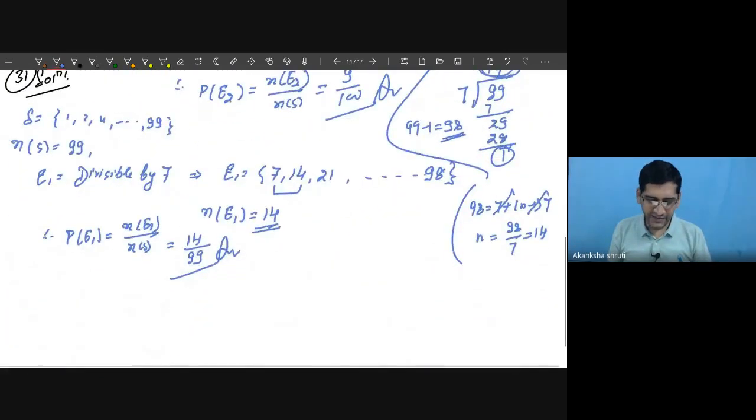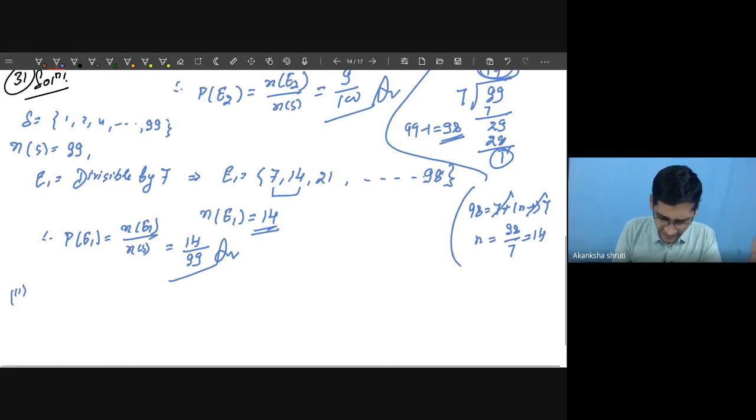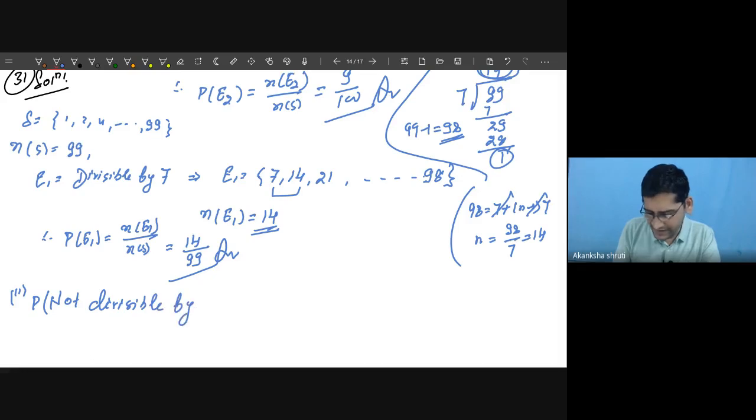Divisible by 7 and not divisible by 7. Means what? Whether they are complementary events or not. They are complementary events. So, the probability of not divisible by 7 is 1 minus the probability of divisible by 7.